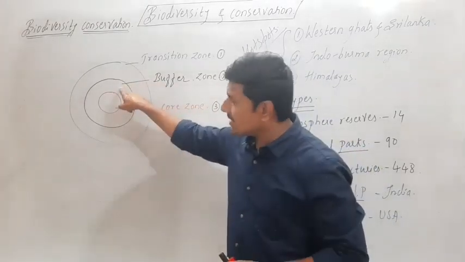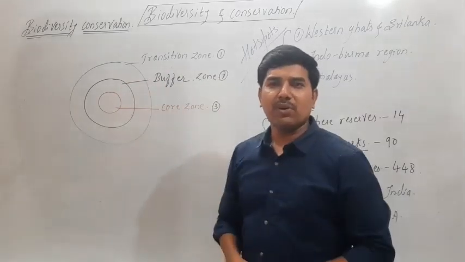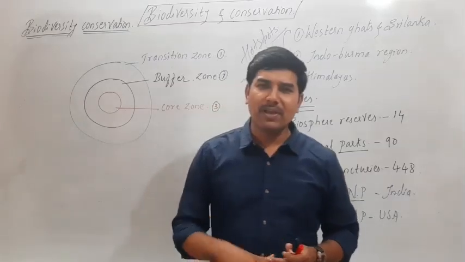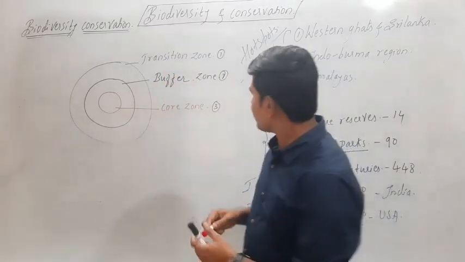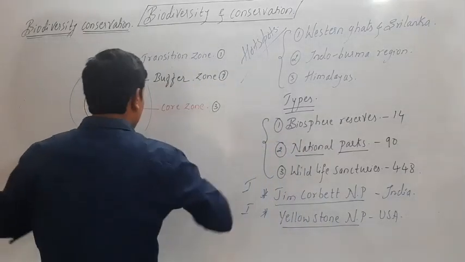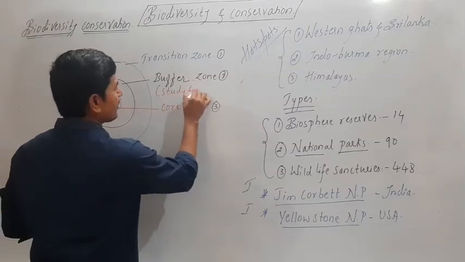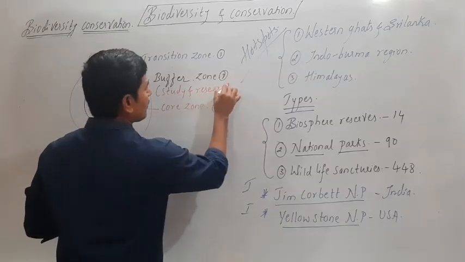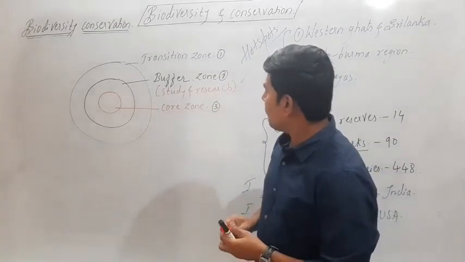The buffer zone is where animals are present. For wildlife study, even Discovery and National Geographic people go there for study and research purposes. So the buffer zone is for study and research.